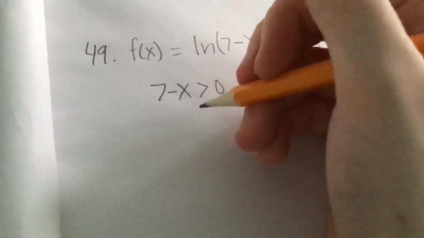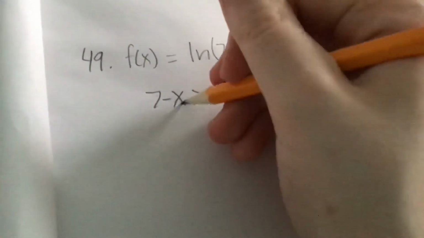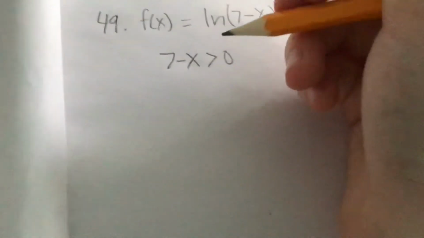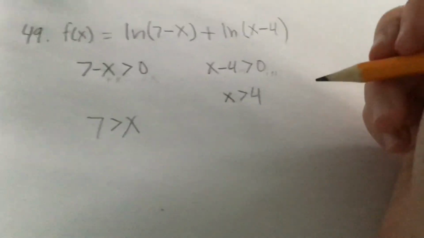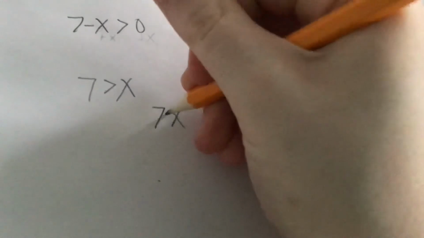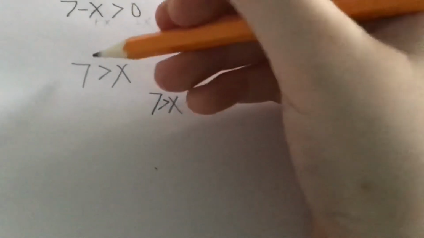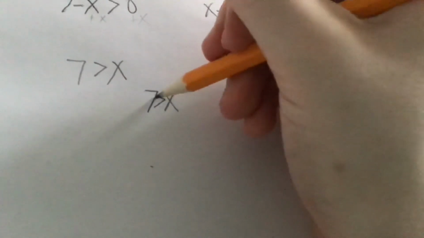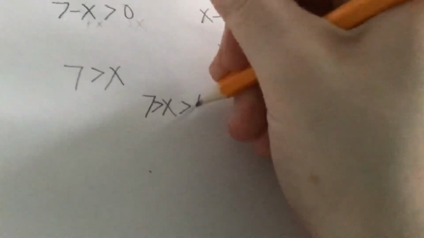You add x to both sides. I'm going to say we add x to both sides because I don't like negative x. It's just too negative. If we add x to negative x, they cancel each other out. If you add x to 0, you get x. And therefore, we get 7 is greater than x. And then if you look, we end up getting x is less than 7, but is greater than 4.